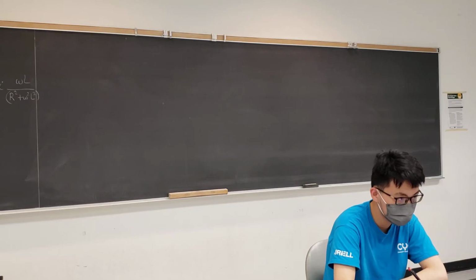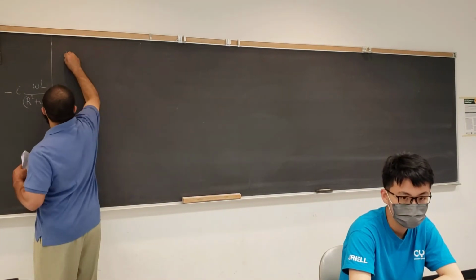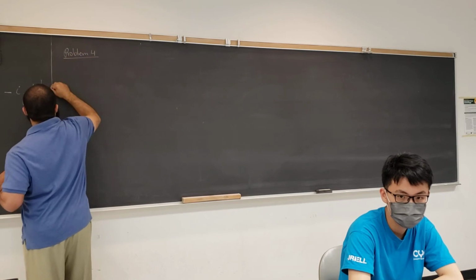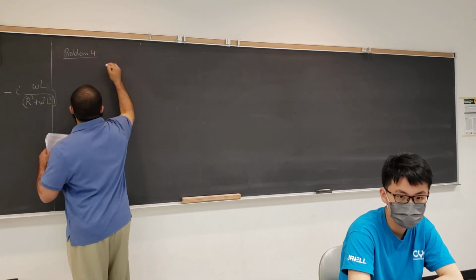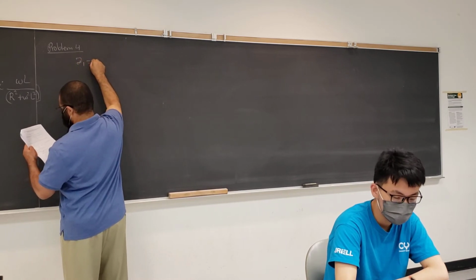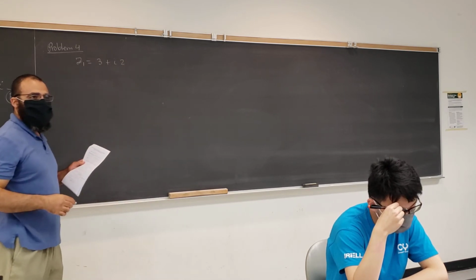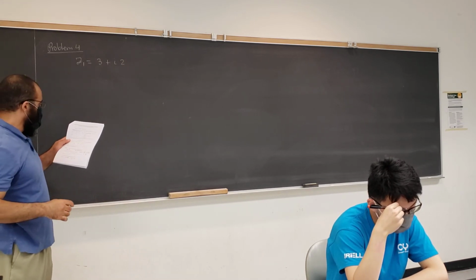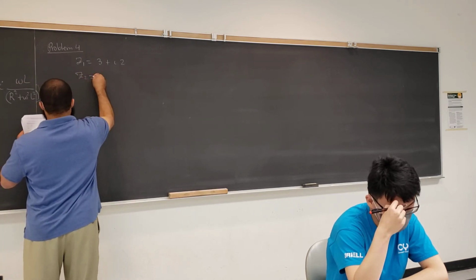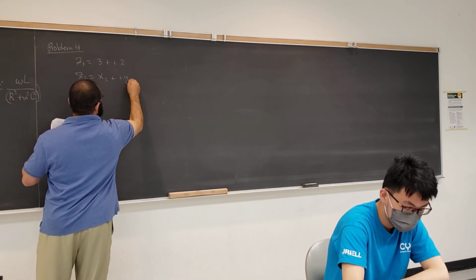Let's go to problem 4. So here is problem 4. We were given this: Z1 is equal to 3 plus I times 2, or 2i. And then Z2 is x2 plus I times y2.